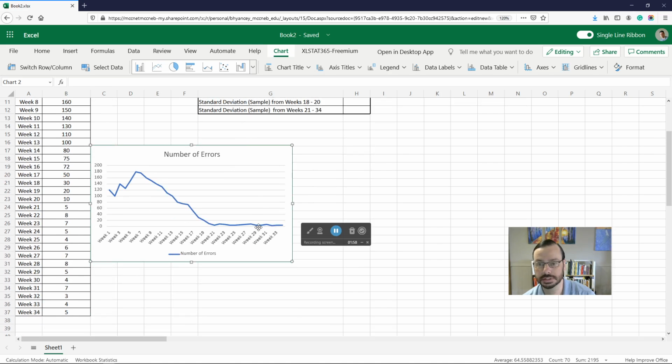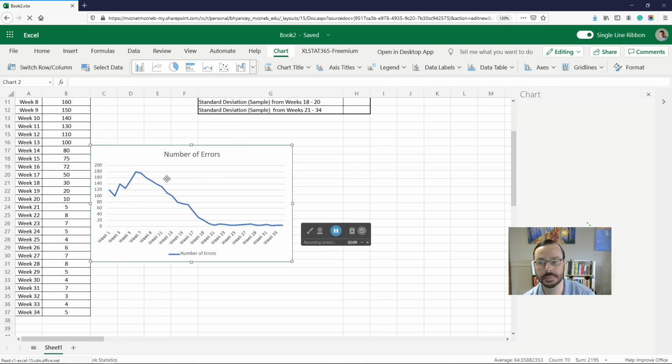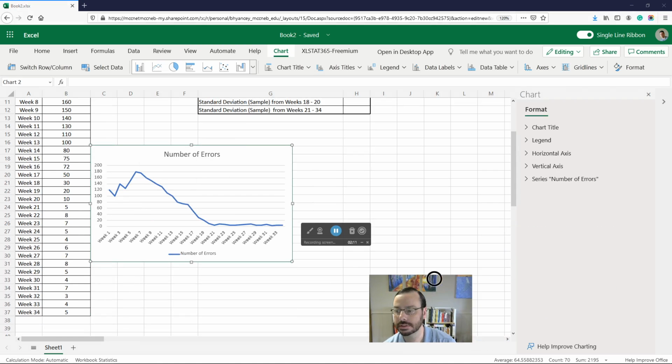One thing that I always like to do is give these a title. You can see this one already has a title, but to get that title in there, you right click the graph, click format, and these elements over here on the right will come out.